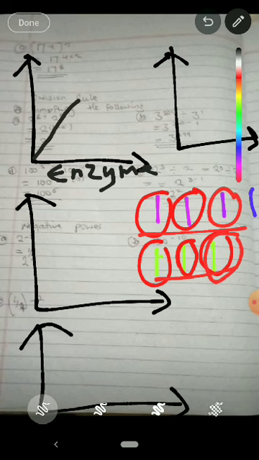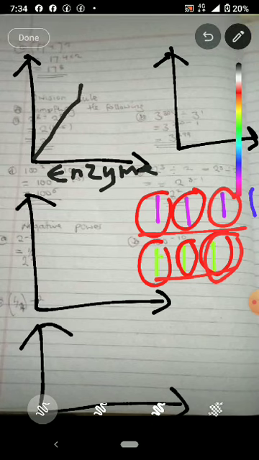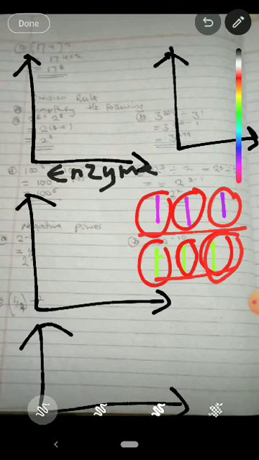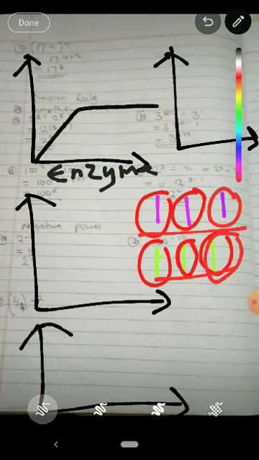A point is going to be reached where even if you increase the number of enzymes, as you can see going to the right, it means the concentration of the enzyme is increasing, there will be no corresponding increase in the amount of substrate.